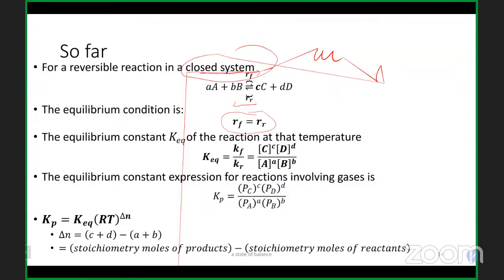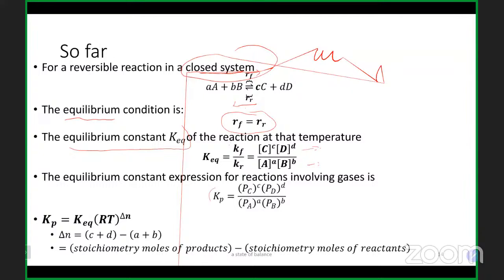Once the rates of the forward and reverse reactions are equal, then we have reached an equilibrium. One characteristic of equilibrium is the equilibrium constant, a numerical value that tells what's going on in the system. The equilibrium constant is the forward reaction rate constant over the reverse rate constant, which is given as concentration of product over concentration of reactant.